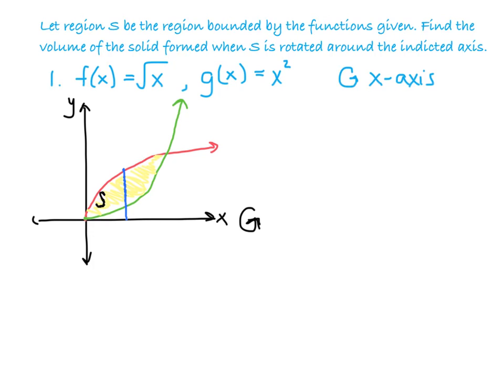You can see how you're going to have two different radii. You're going to have the big one that goes all the way from the axis to the top curve. That's going to be our first radius, so we're going to label it with a capital R. And then of course we have this smaller radius. That's where our hole is going to be, and we're going to label that with a lowercase r.